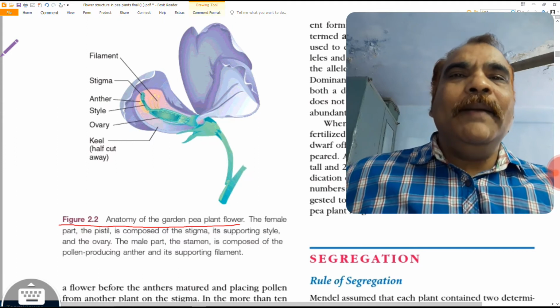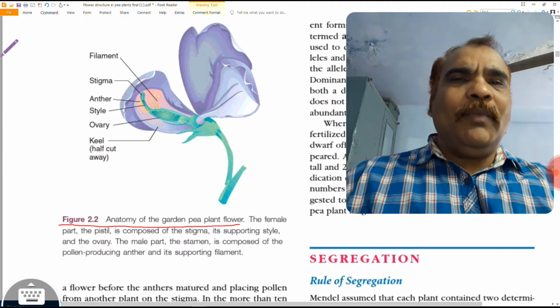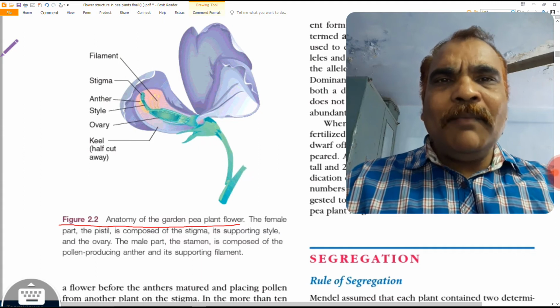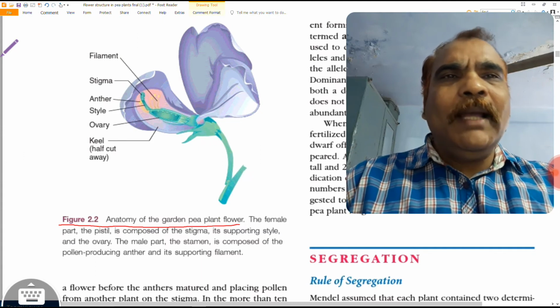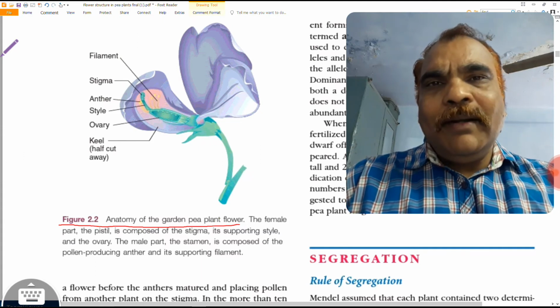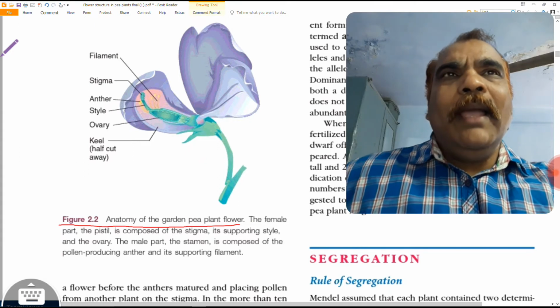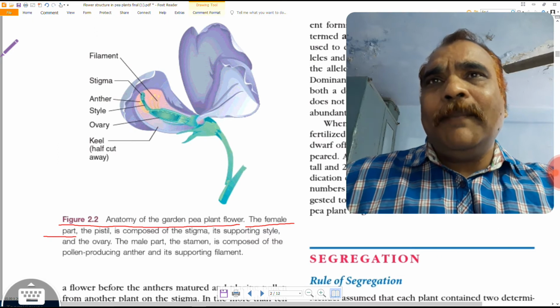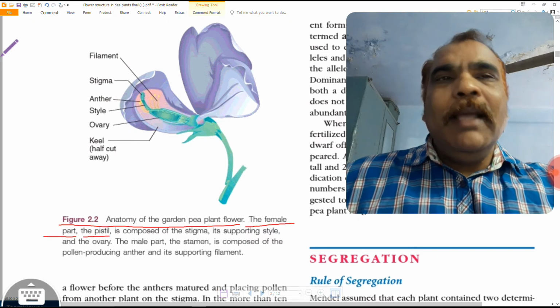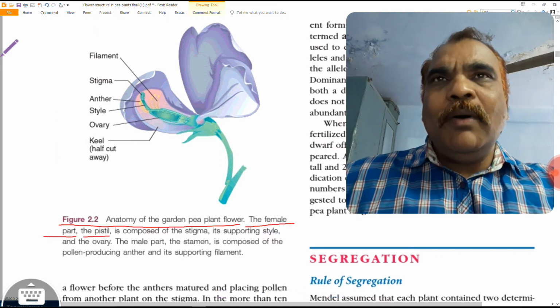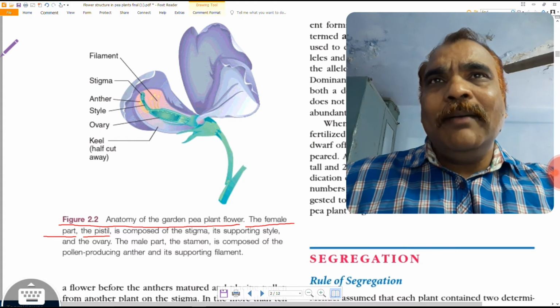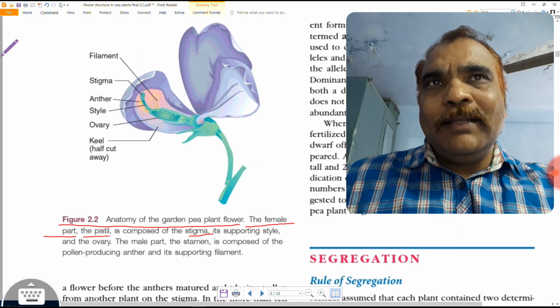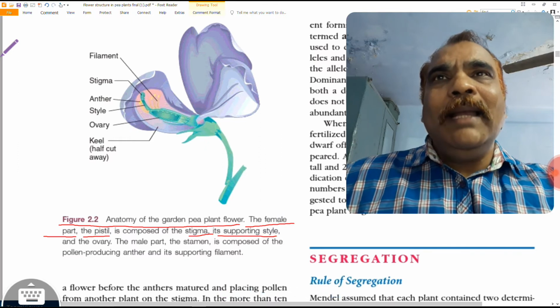So it is very easy for the pea plant flower to self fertilize. Most of the time the pea plant flower tends to self fertilize. The female reproductive part is known as the pistil, and the pistil is composed of 3 parts. The first part is the stigma, the supporting portion is known as the style, and at the base we have the ovary.